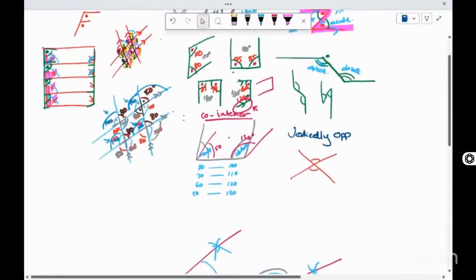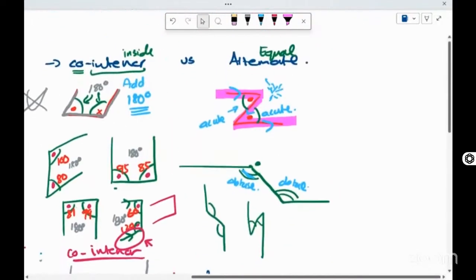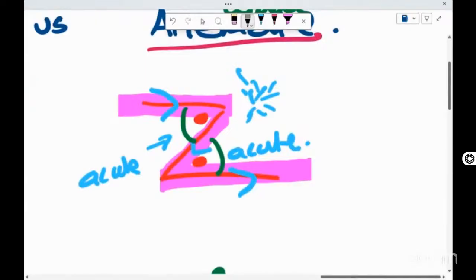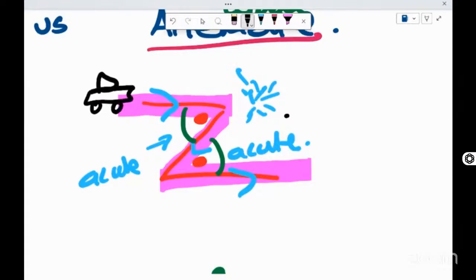All right. The next one is alternate angles. Alternate meaning like another route. So what I have here, I am driving a car. Okay, so let's get a car going here. So I've got a car. Here are my wheels. Okay, and I'm going to take a drive. But all of a sudden, there is an accident on the road or some incident or a roadblock because there's a puddle.